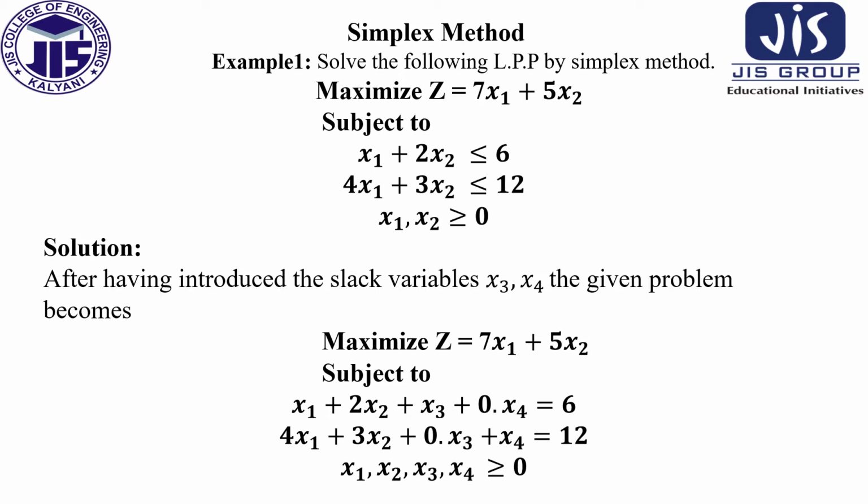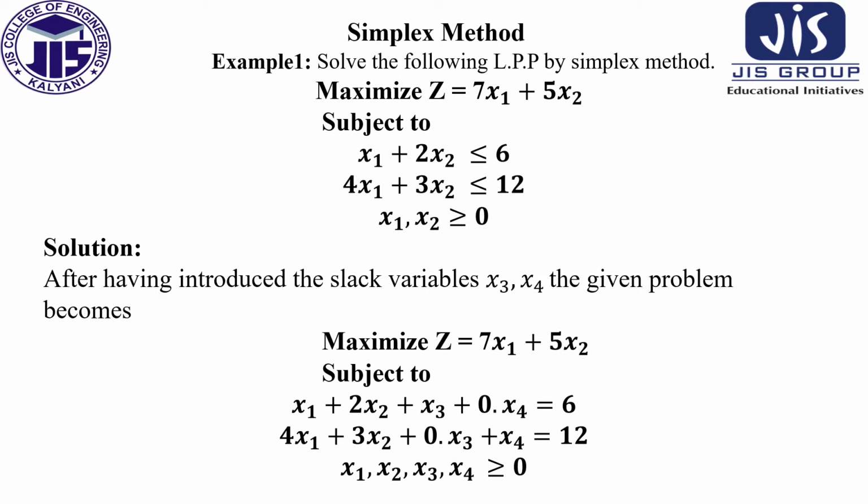After introducing the slack variables x3 and x4, because two constraints with less than or equal to sign are present, we convert them into equations. What will be the converted LPP?